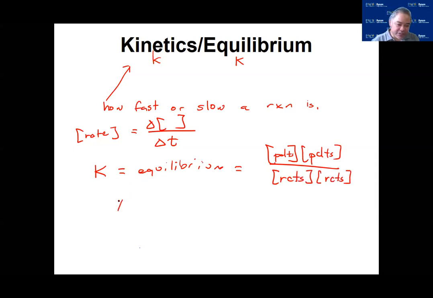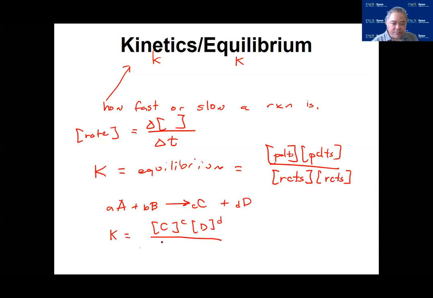So if you're going to do it like this, A plus B reacting with C plus D, so K would just be equal to the products over the reactants. Now, this is crucial for any system of equilibrium.